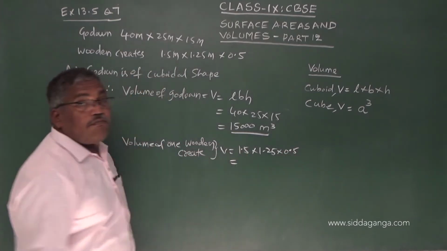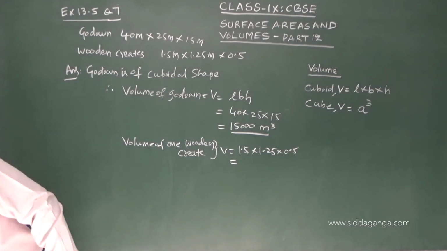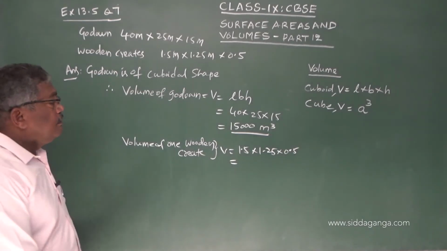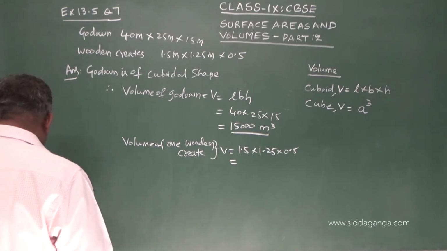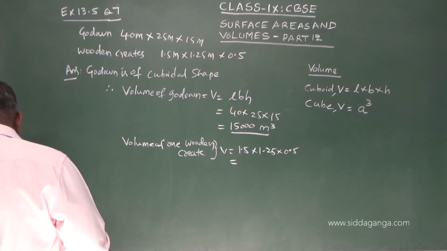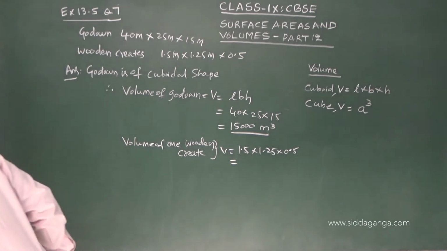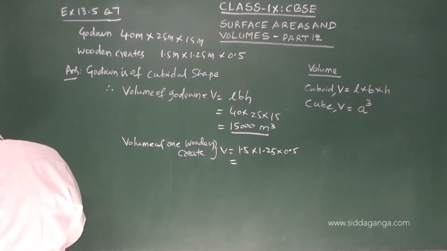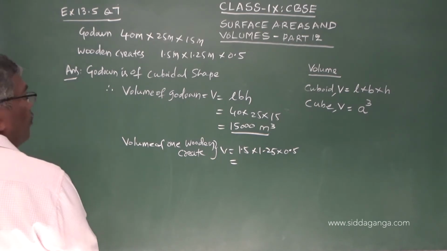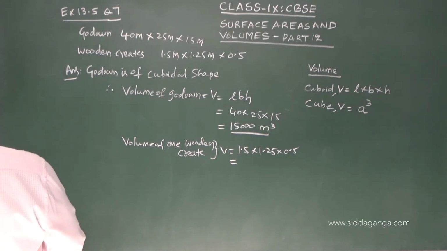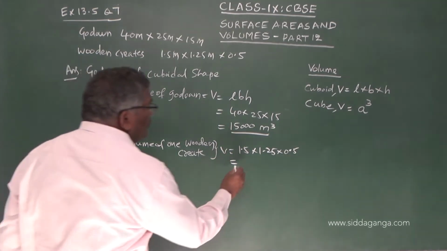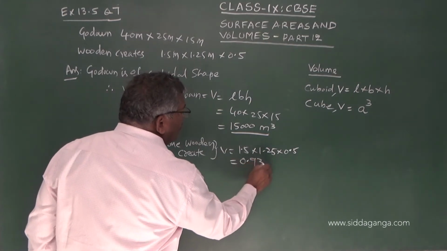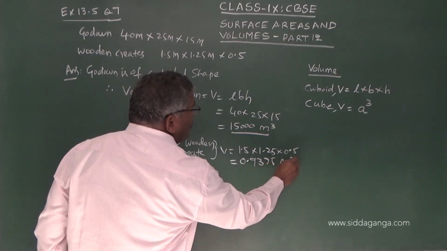This equals, calculate it. 1.5 into... 0.9375 meter cube.